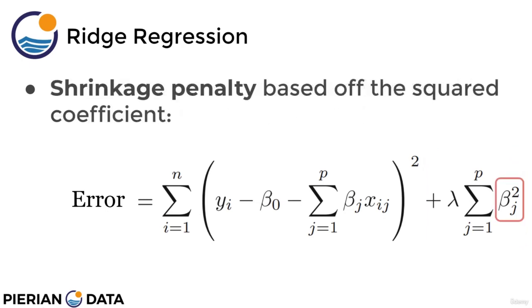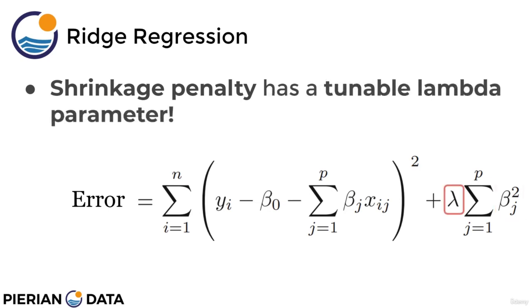So this shrinkage penalty, what's interesting about it is that it's based off the square of the coefficients. So in this case, you'll notice that we're actually still dealing with the same set of coefficients that are being multiplied by the features, those betas of j, except this time I'm also considering them being squared. And then I'm taking the sum of those squares and I'm multiplying them by some tunable lambda parameter. And we're going to focus in more detail on how to actually calculate that lambda parameter later on.